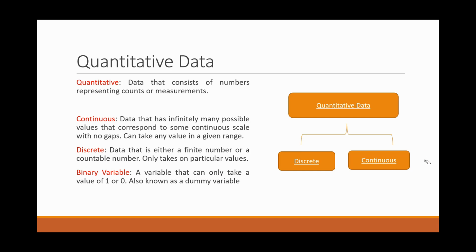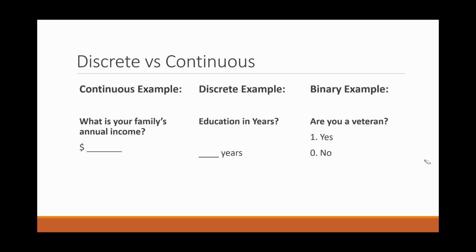Okay, so just to be clear with these definitions, we have discrete versus continuous. A practical example that we might see for a continuous variable would be, let's see, what is your family's annual income? That is measured in dollars. It can be measured down to an arbitrary number of decimal points, and so it's a continuous variable. Discrete, I mentioned this example a moment ago.